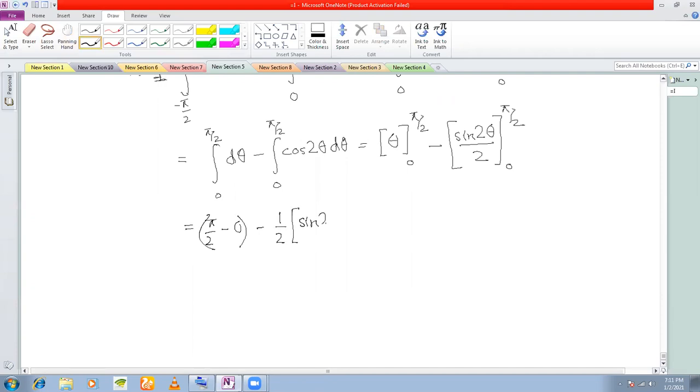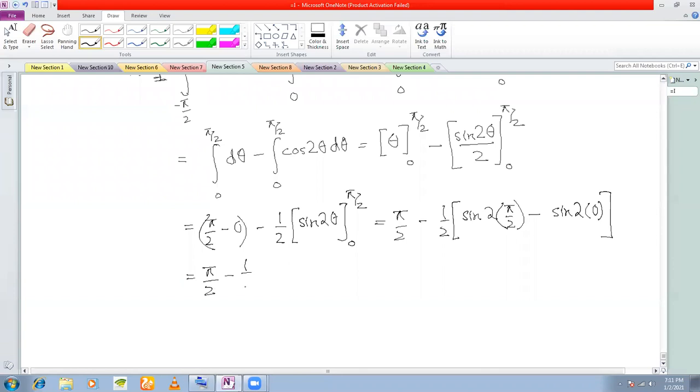This is simply sine 2 theta evaluated between the limits 0 to pi by 2. So this is pi by 2 minus half of sine. First put the upper limit, twice of pi by 2, and then the lower limit, twice of 0. So this is pi by 2 minus half of (sine pi minus sine 0).